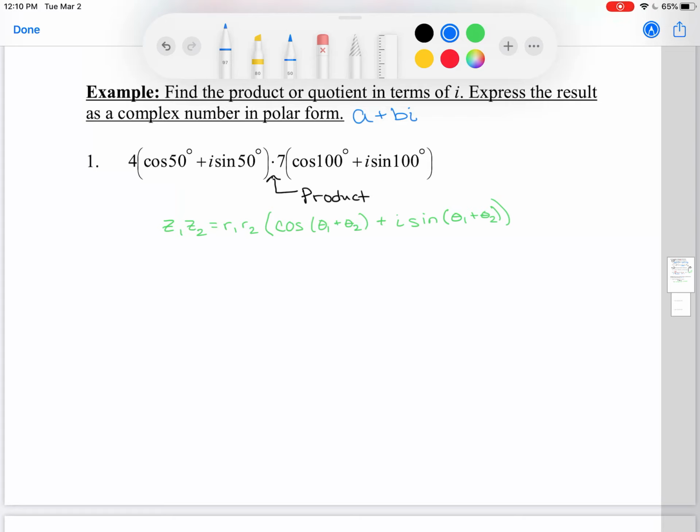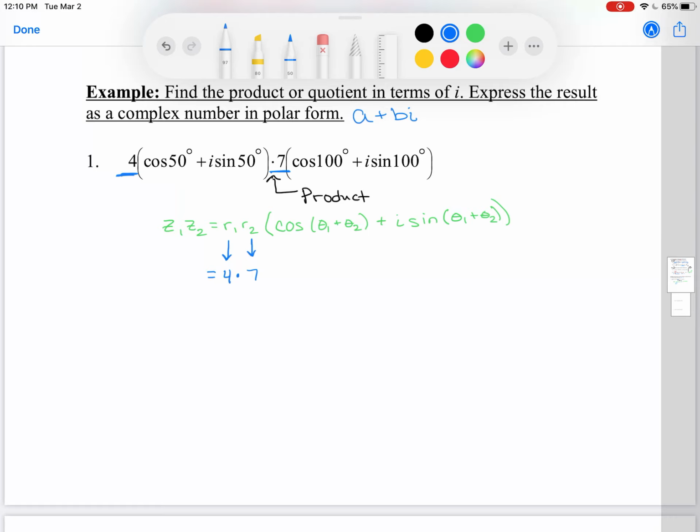They use brackets, I'm just using another set of parentheses, but it's the same idea. And now all we need to do is plug things in. So the Z1, Z2, that's just the multiplication, so we'll leave that as is. My R1 is going to be the first R in front of those parentheses. So that gets swapped out with a 4.